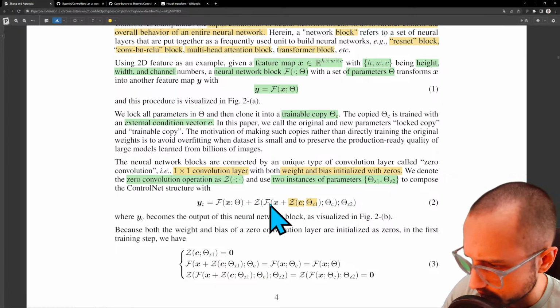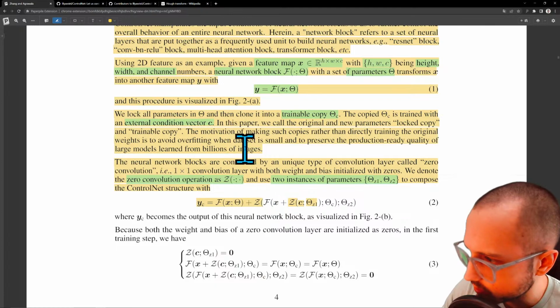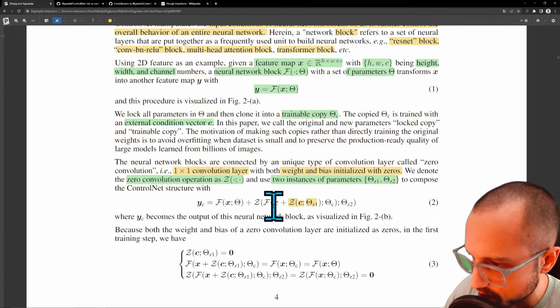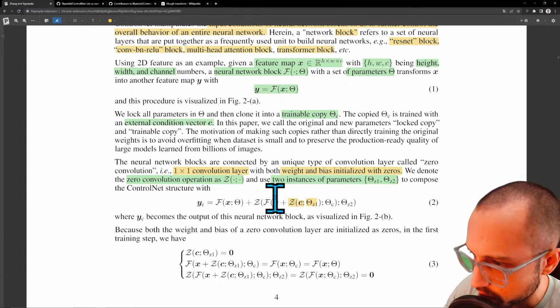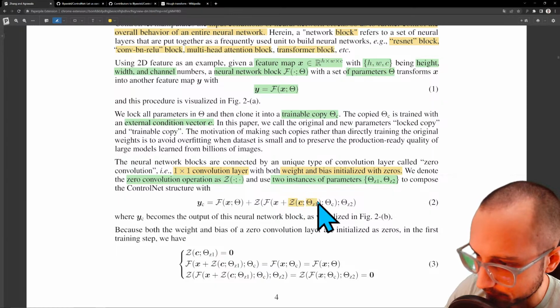First thing you're going to do is your network F is going to take, as normally, the input X, but you're going to add to that input what comes out of the zero convolution. And then the output of that, all of this you can think of as y, is going to be fed into the zero convolution again, except this time the zero convolution is parameterized by theta Z2.